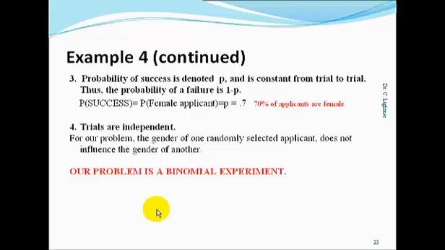Step 4. Our trials are independent. For our problem, the gender of one randomly selected application does not influence the gender of the applicant for another randomly selected application. After checking all 4 properties, we see that our problem is a binomial experiment.